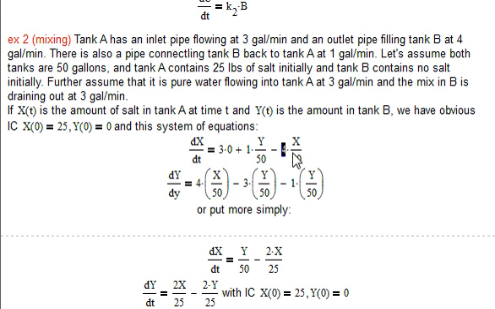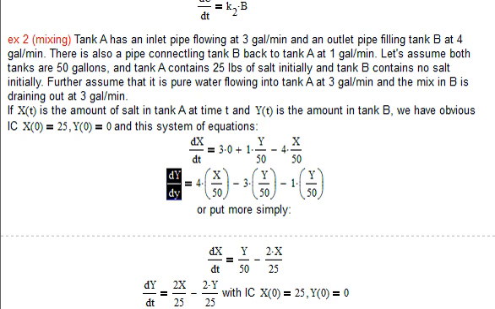And that's 4 gallons times the concentration of salt, the amount of salt X divided by the 50 gallons of water that's in A, okay? Now that's the change in X. Do you see that? So it's 0 plus Y over 50 minus 4X over 50. That's the change in the amount of salt in tank A.